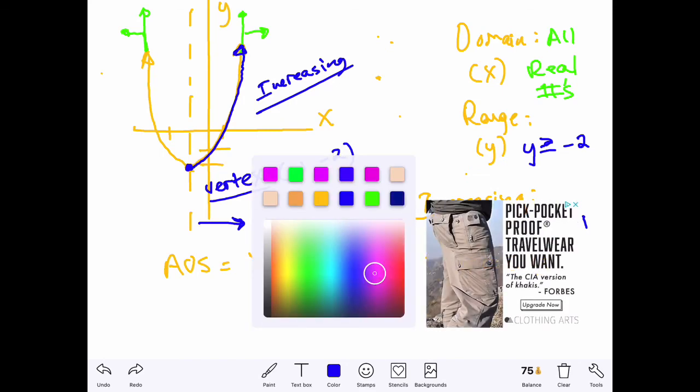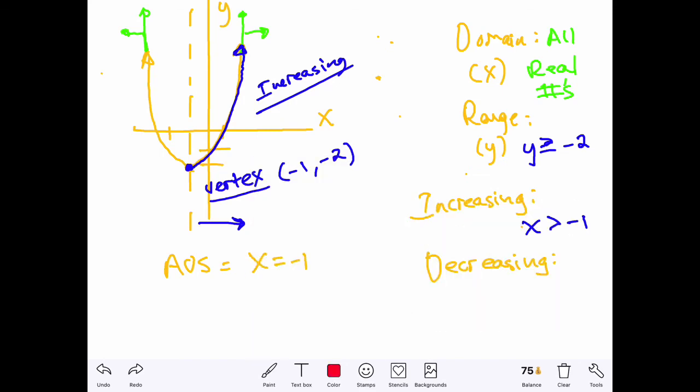And how about decreasing? Well, we said before that this part of the parabola is decreasing. And so that's all x values on this side of the vertex, x less than -1.